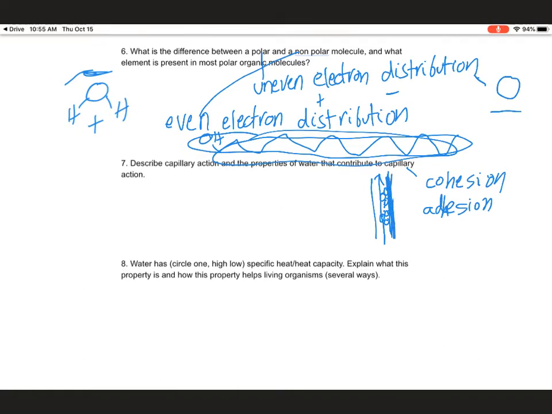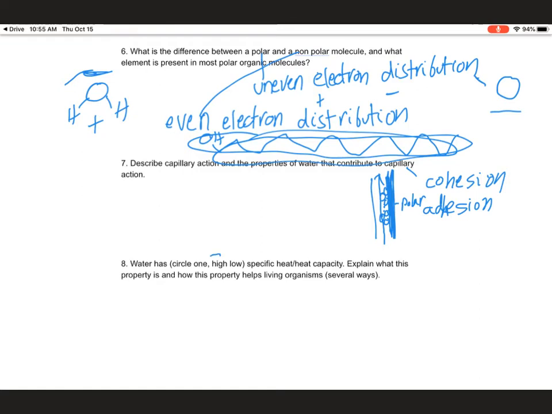Of course, water can only adhere to things that are polar molecules. Like water can't stick to wax paper, for example, because it's covered in wax, which is nonpolar. It doesn't adhere to that.